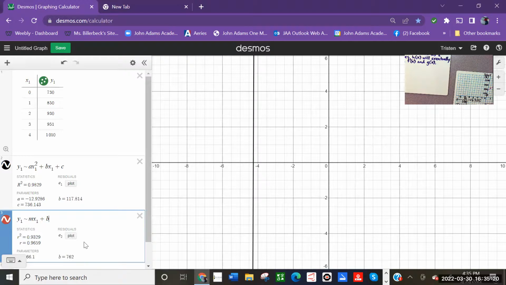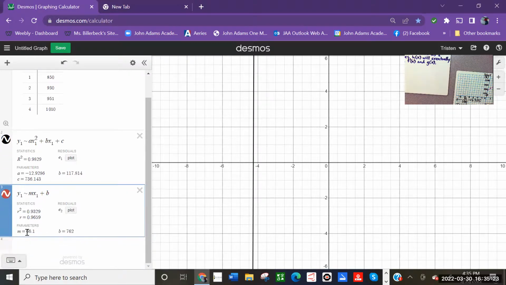And look at that. It gives me the best fit line with the slope at 66.1 and b, my y-intercept, at 762. Okay, this C was 736, which isn't too far from this for a y-intercept. So remember, the y-intercept for a quadratic is c, but for a linear equation, it ends up b. So that's the cool thing about how you can find line of best fit using Desmos.